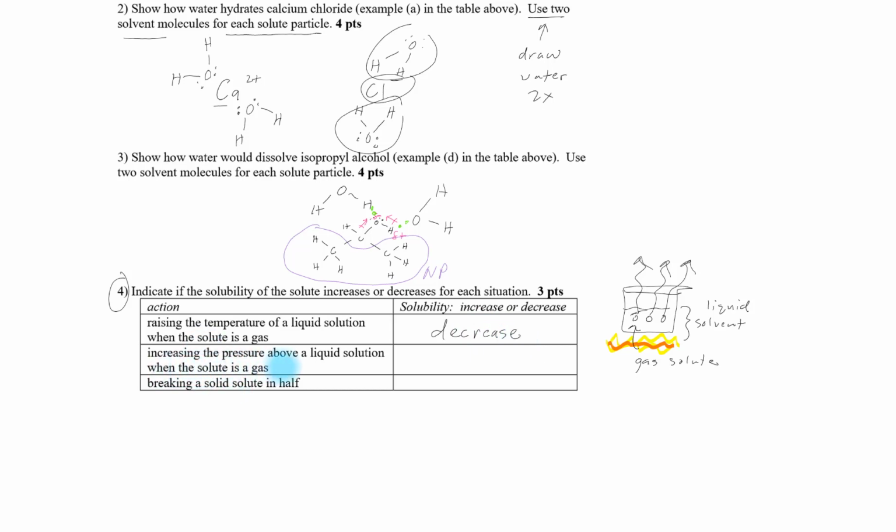So increasing the pressure above a liquid solution when the solute is a gas would increase the amount of gas that's dissolved. So let's take our same picture and get rid of the heat there. Let's say you had a way to cap this, and there's a special valve here with a pump right here.